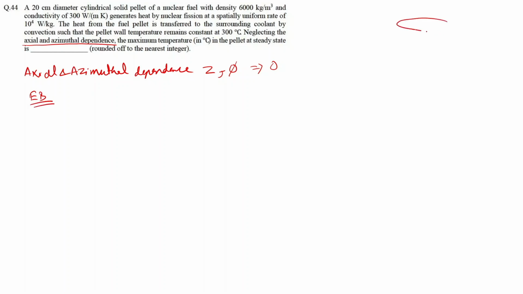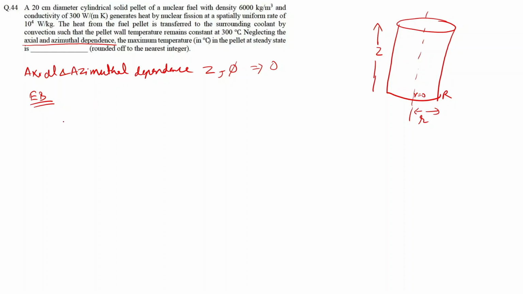So let's just consider this cylinder. This is my center, and we have been given R over here. So this is at r equal to 0, and this is r equal to R. This is my z.